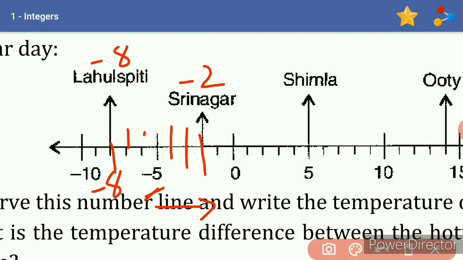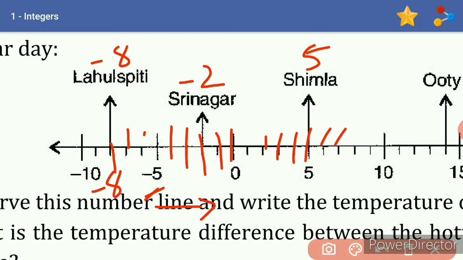Okay, we are writing here the temperature of the respective places. Lahul Spiti is minus 8, Srinagar is minus 2. Next, if we move to the right side, the numbers become bigger: minus 1, 0, 1, 2, 3, 4 and 5. The temperature of Shimla is 5.